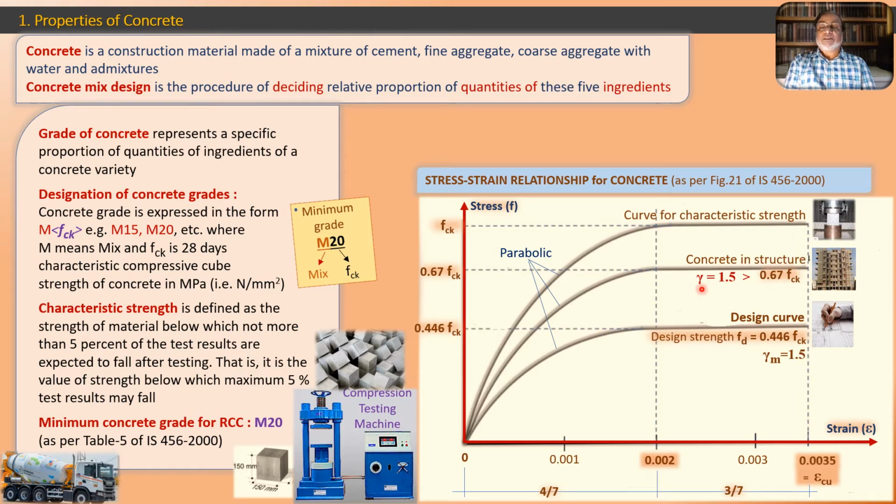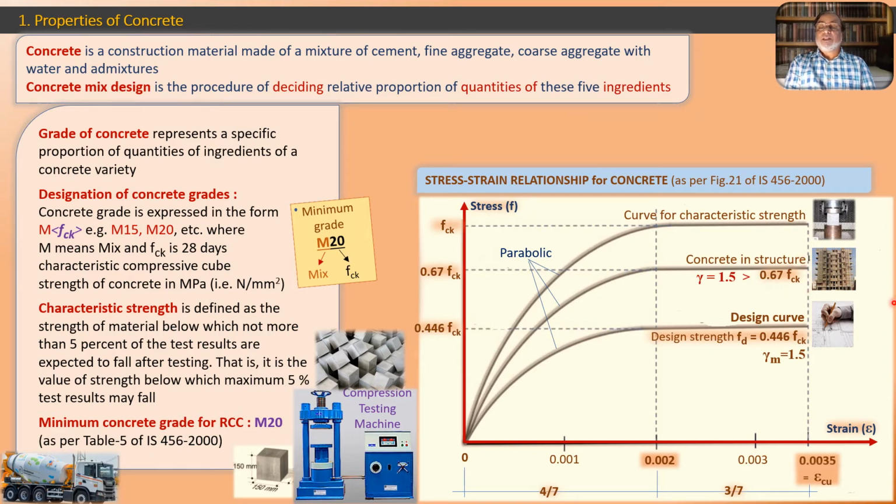That is, if you just calculate, it will become a partial safety factor of 1.5. So IS code is saying you reduce this fck by a factor of 1.5, so that this becomes 0.67 fck. Here we are taking cognizance of the fact that we are testing it as a cube and we are using it in a concrete structure, and that is why we are reducing the strength to 0.67 fck.